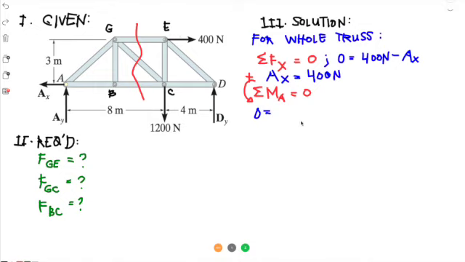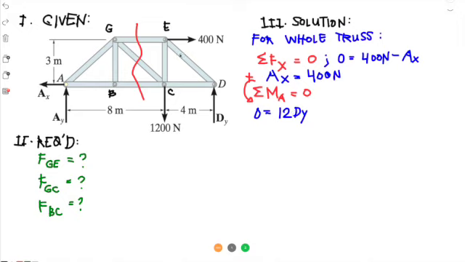That is counterclockwise. So let's write down that first. Again, it doesn't matter if you want to do the clockwise first, just put the negative sign. So for me, I prefer to write in the equation the positive values. Okay, so that is the moment arm is 8 meters plus 4 meters. That would be 12 times DY. That is the moment made by force DY.